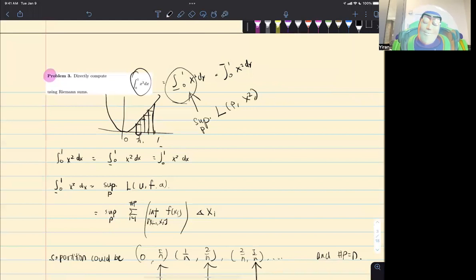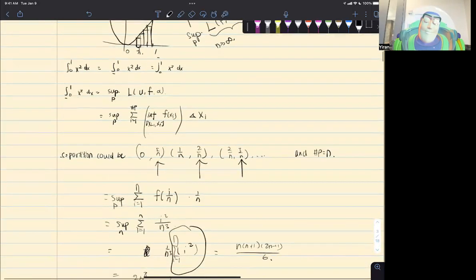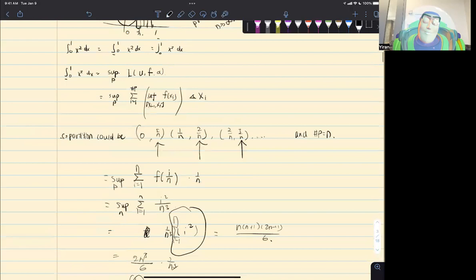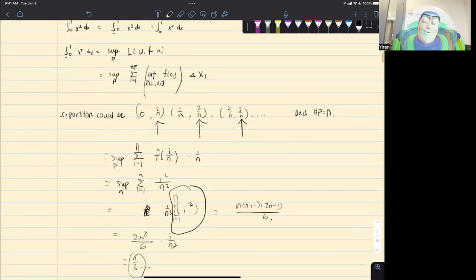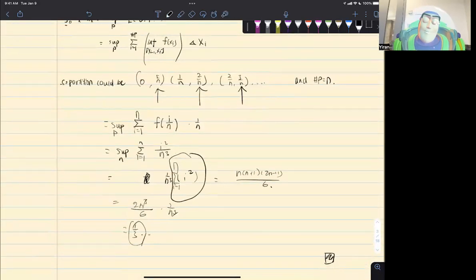Okay, so we have this, and then you compute this and take n goes to infinity. You can pause the video and look at my solution to check if it is the same as yours. The procedure is pretty standard.